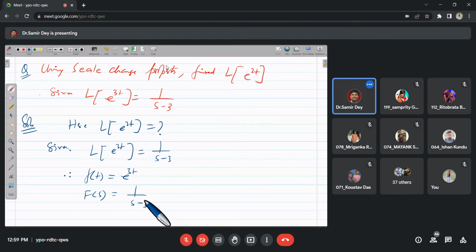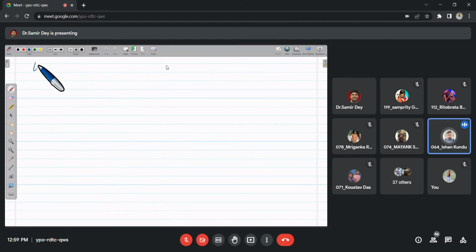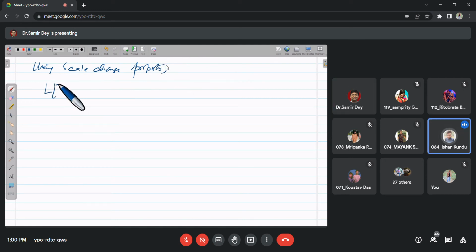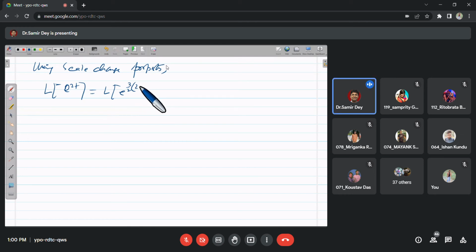Very good. Using the scale change property, L of e to the power 2t is equal to L of e to the power 3 by 2 into 2t. It is not correct.